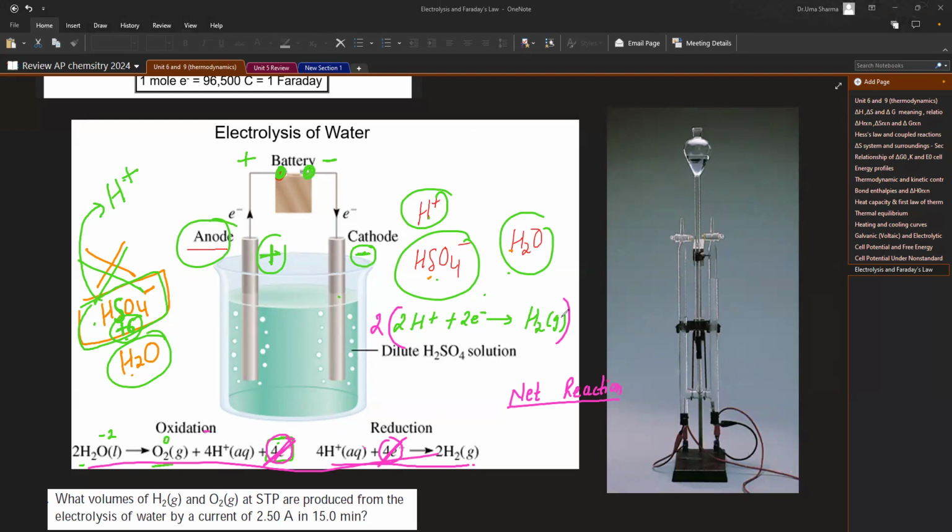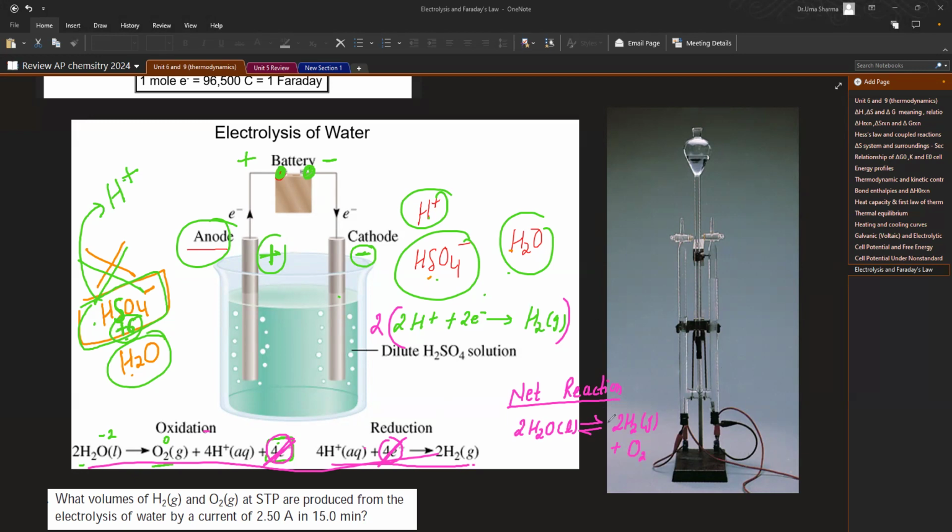Very good. That's the equation. Okay, so the net reaction is that water molecule is undergoing decomposition to give you 2 molecules of hydrogen gas with 1 molecule of O2.